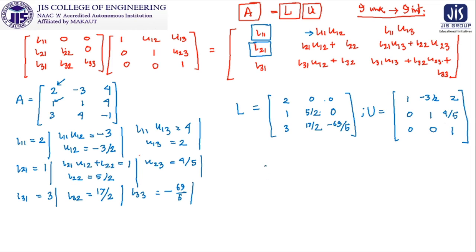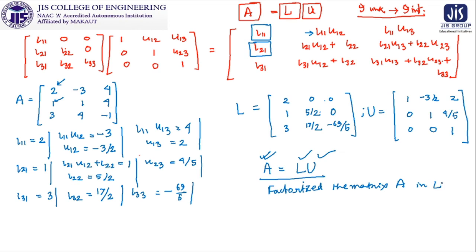So now I can claim that the given matrix A can be represented as L and U, where L is already calculated, U is already calculated, and A is given to us. So in this context, we can claim we have successfully factorized the matrix A in LU form.